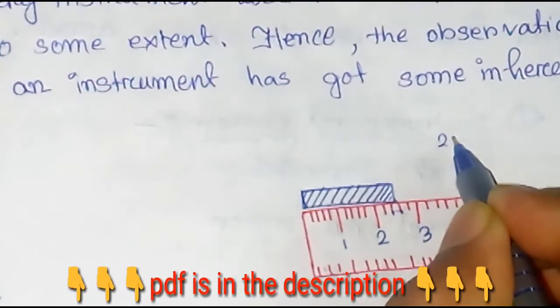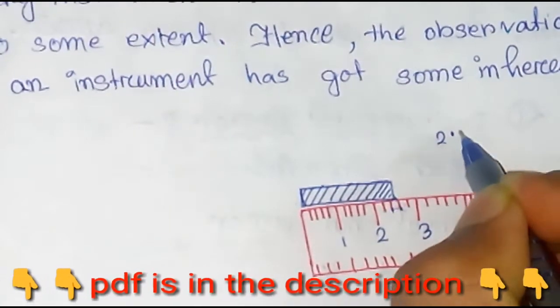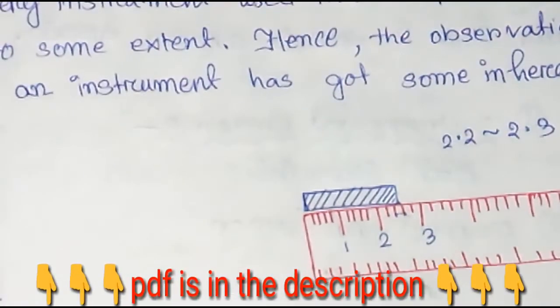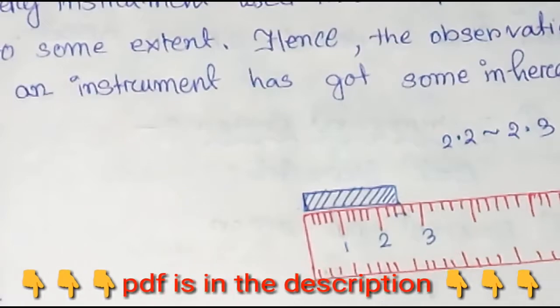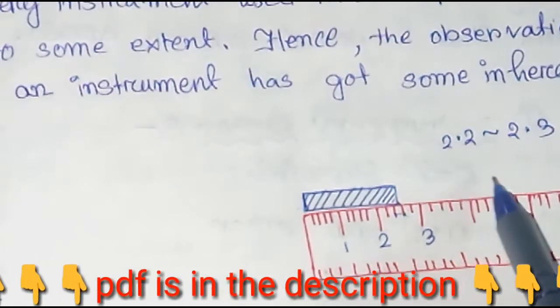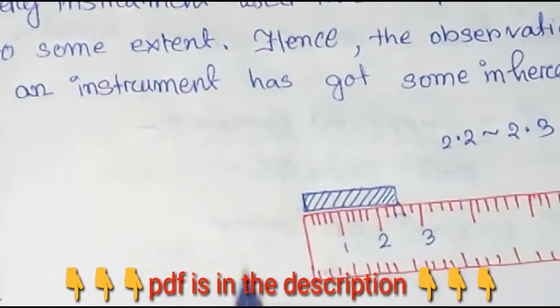So the value of the object is in between 2.2 and 2.3. We cannot measure the actual length of the object. So this error is called the least count error.